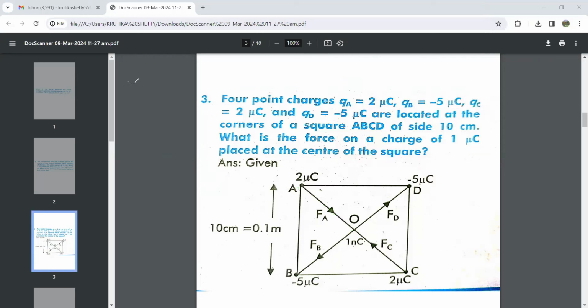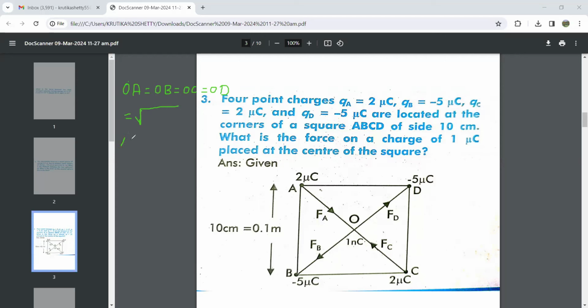So here, as you can see from the figure, OA is equal to OB is equal to OC is equal to OD. All the lengths are equal here, correct? So therefore this is equal to, by using the Pythagoras theorem, or else separately I will solve it here and show you.